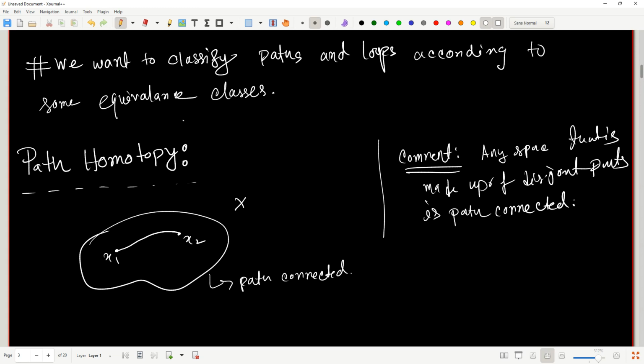Now, with all this in hand, let's first define what a homotopy is. We are finally going to introduce the formal definition of homotopy.